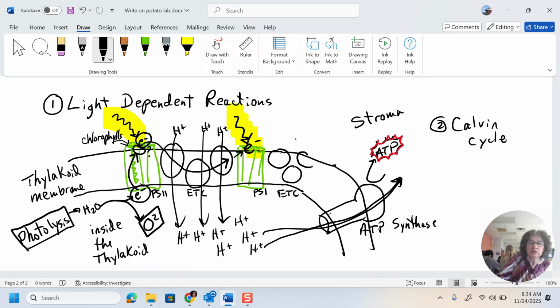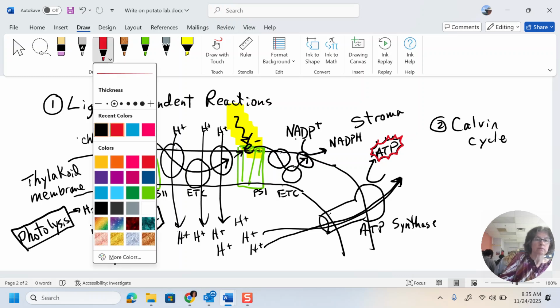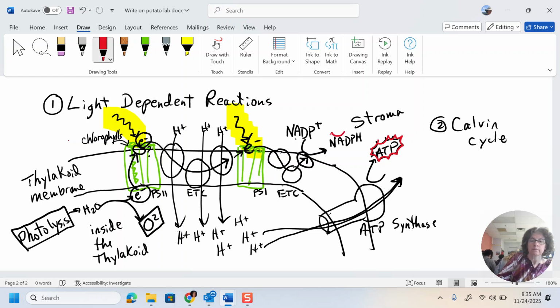But they're going to land on this protein right here, which instead of pumping protons, is going to allow that electron to reduce NADP+ into NADPH. There.